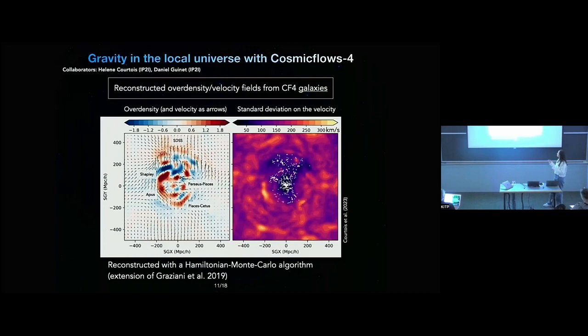This is the standard deviation of the velocity field. In black, it's showing a low standard deviation, and in yellow, a high standard deviation. The white dots correspond to the Cosmicflows galaxies that I plotted over. And we notice that the error is the lowest where we have the data.